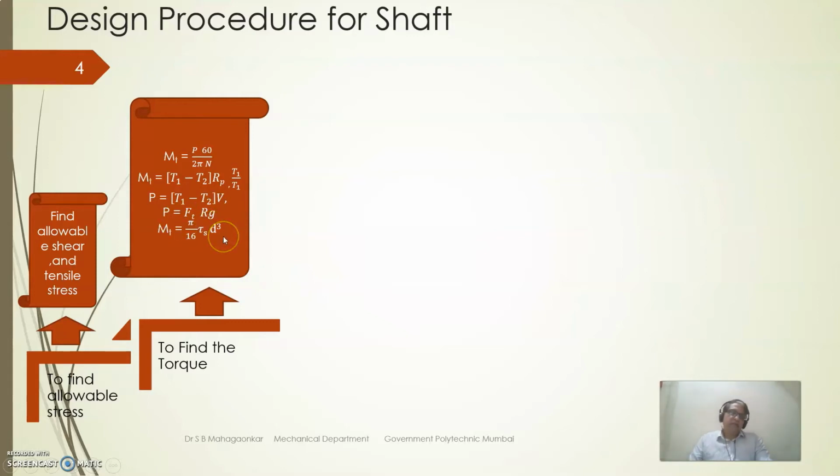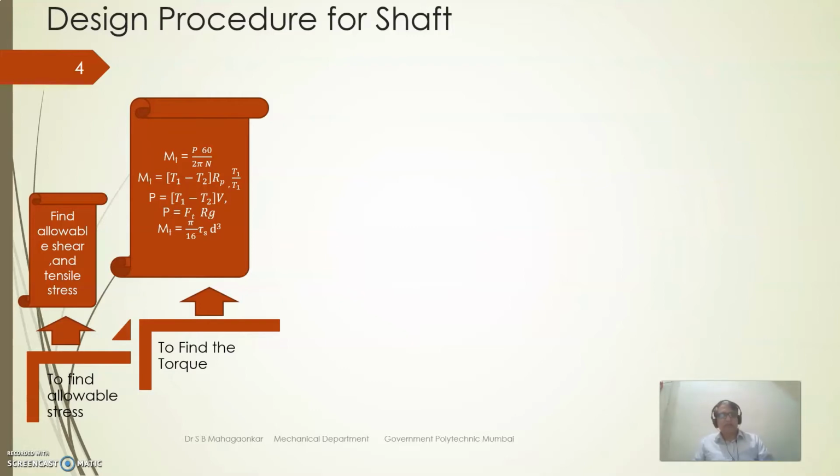If a gear is given, they will give the tangential load acting on the gear, and taking the tangential load into the radius, I can get it. The other thing is that sometimes they will give the diameter as well as the allowable shear stress.